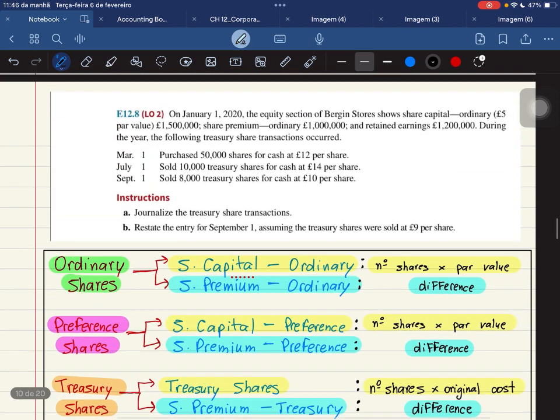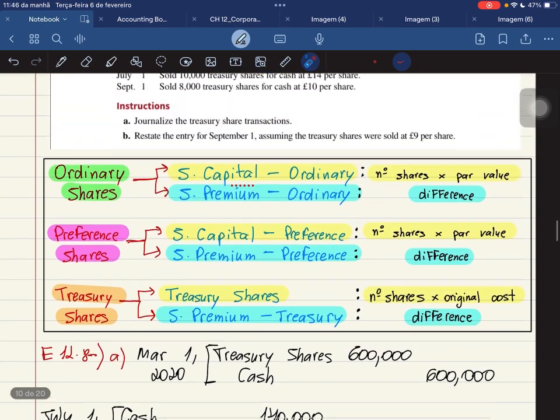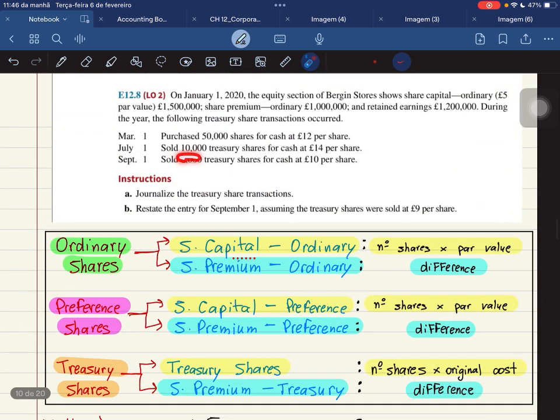How much did we sell them for? We sold 10,000 for 14, which means our cash is going to be 140,000, right? Now, over here, you cannot put 140,000. Why is that? Because we sold 10,000 treasury shares, but we did not buy these treasury shares for 14.